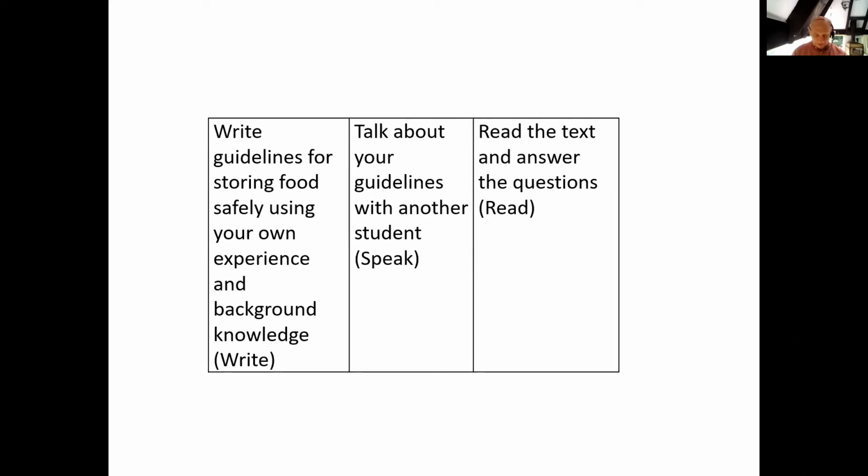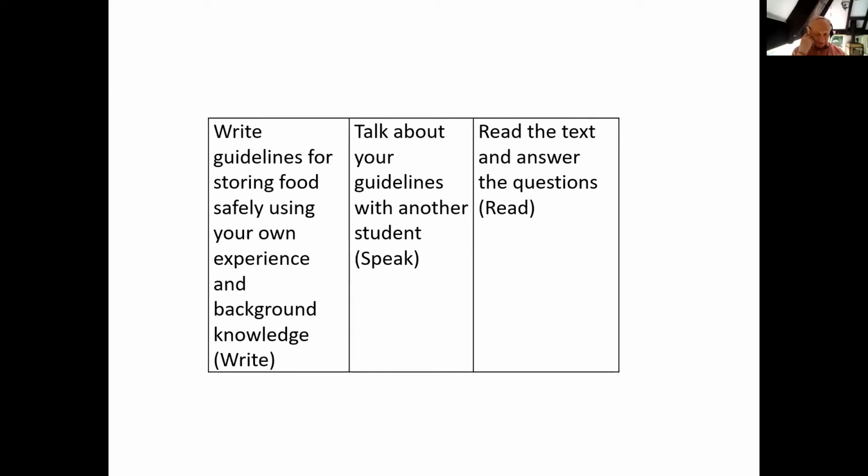And then the third step is to do a 4-3-2 activity on the content of the passage. And that means they just talk about the passage to a partner, and they've got 4 minutes to talk about it with one partner, 3 minutes to talk about it with another, and 2 minutes to talk about it with the third partner. So this is a sequence of listen, write, and speak.